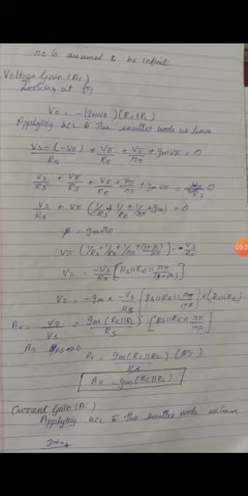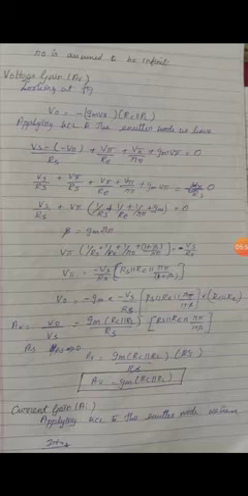You know that when you are taking a parallel combination of resistances, say 1 ohm, 2 ohm or 3 ohm, the equivalent resistance will be approximately equal to the lesser value. So RS is the lesser value, so the equivalent will be RS.